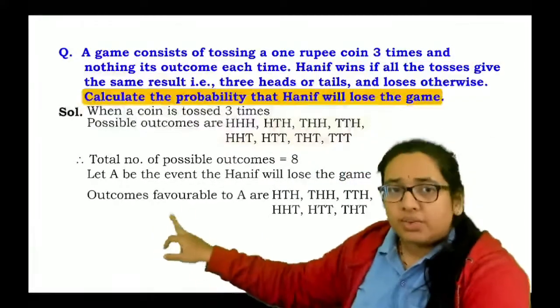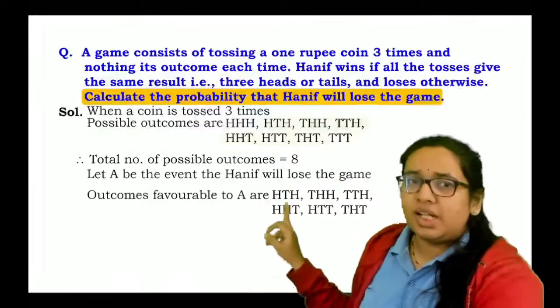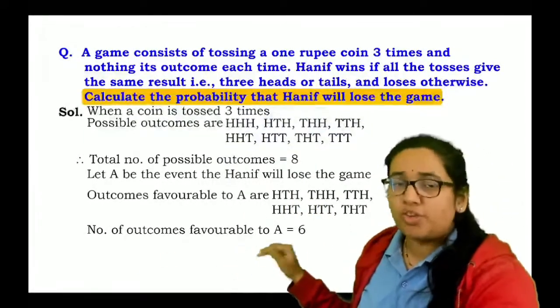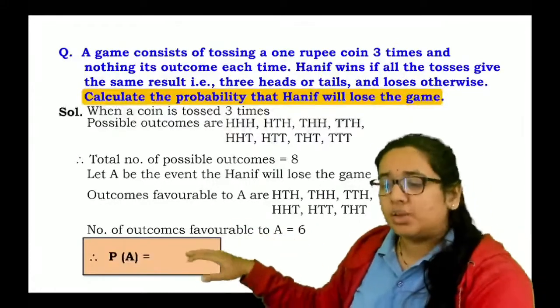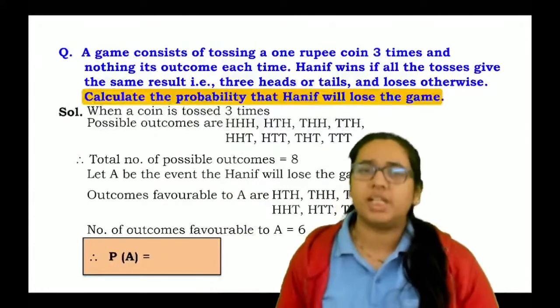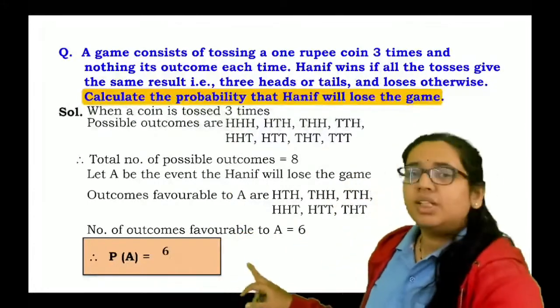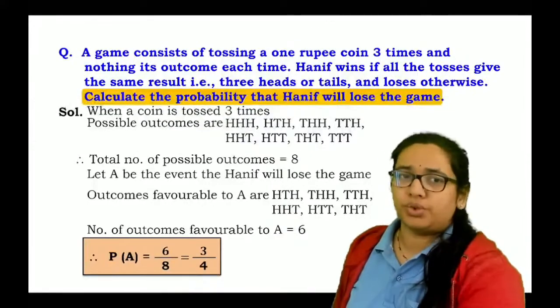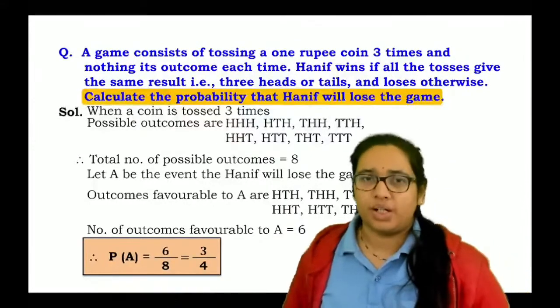Therefore, the favorable outcomes for event A are these 6 events. Therefore, the number of outcomes favorable to A will be 6. Hence, probability of A is the number of favorable outcomes divided by total number of outcomes. So it will be 6 upon 8, that is 3 upon 4. This will be your required answer.